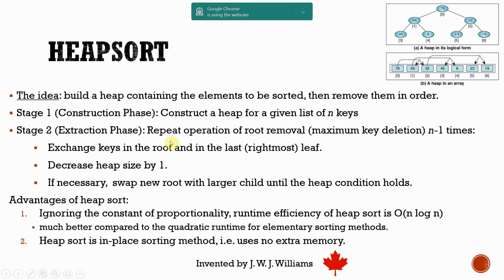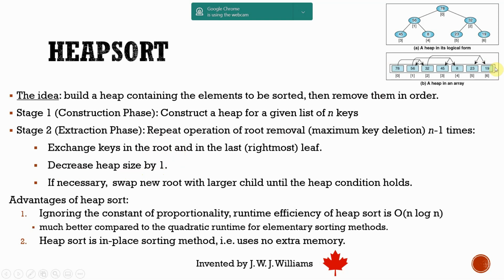Whenever we delete the root, we store it in a temporary variable. Although it's going to be removed from the heap, we can store it in a temporary variable. And because the size of our heap is reduced by 1, in our array we have one empty spot.